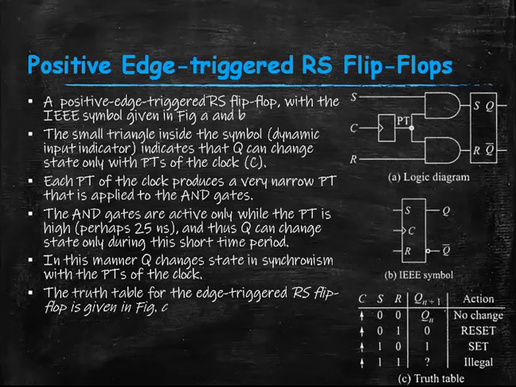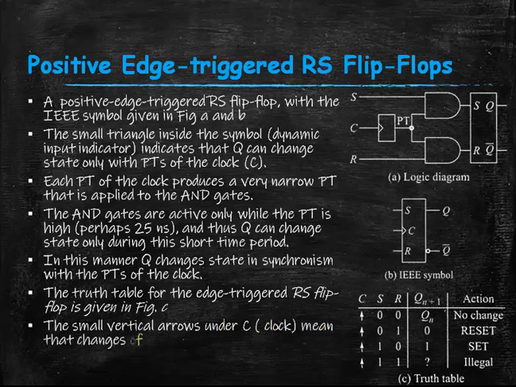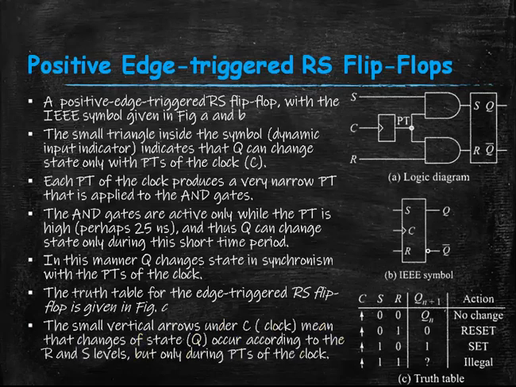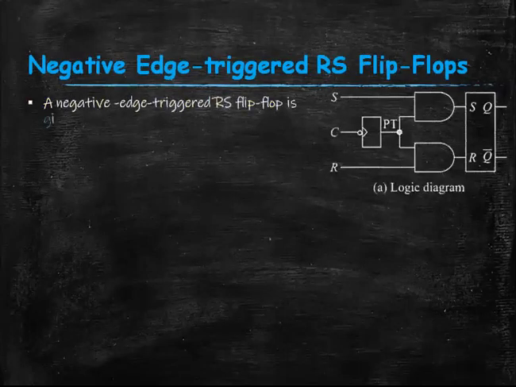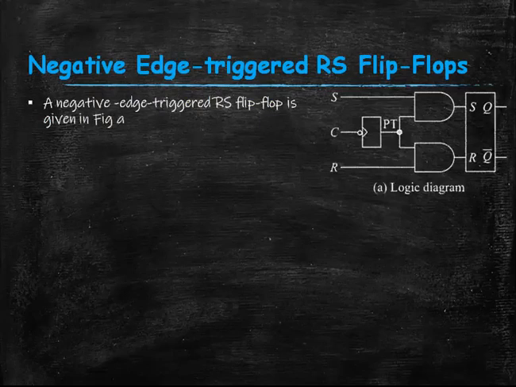In a similar way, we can explain the negative edge triggering. It is a logic diagram. The only change that occurs is here, and here it is not P, it must be equal to NT.